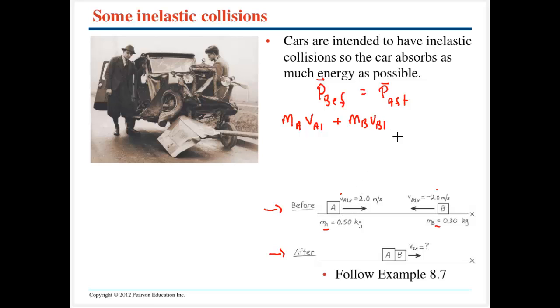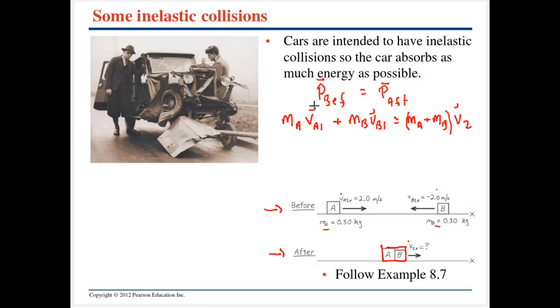And in an inelastic collision, these two are going to stick together and go off at some other velocity. So this is going to now be mass of A plus mass of B multiplied by a shared velocity, velocity 2.